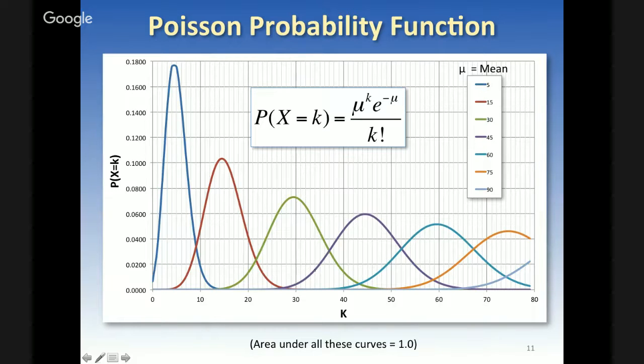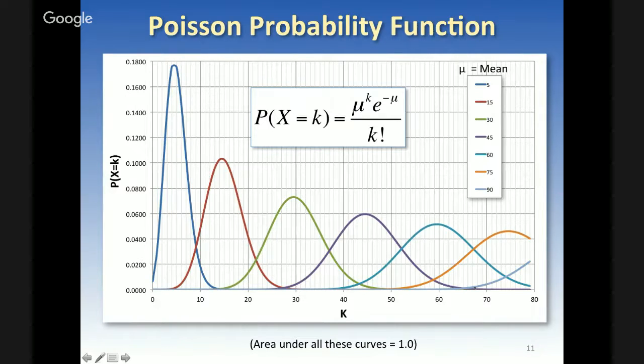And the total probability is the sum of all of these things, and it has to add up to 1. And so the probability of all of the photons arriving in 1 second, all the possible photons, has to be equal to 1. And so that's why these go to a lower and lower amplitude and get broader and broader as the average gets bigger.